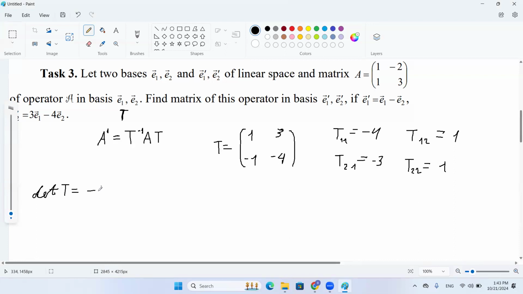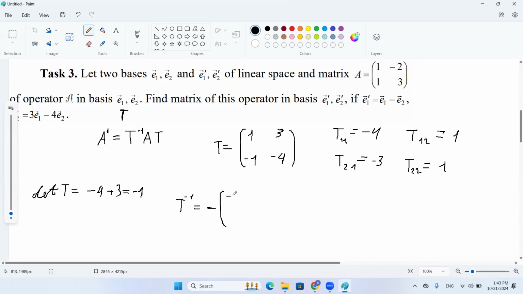So -4 plus 3, it equals -1. Okay, so no fractions, I like it. When we don't have any fractions. And how T^-1 looks. So don't forget the minus in front of the matrix. And now let's write, don't forget that it must be transposed.